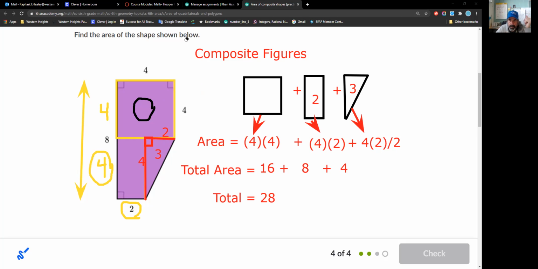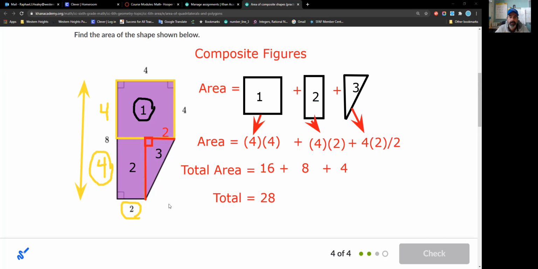So we got 1 plus 2 plus 3 figures that we're combining together. 1, 2, 3.